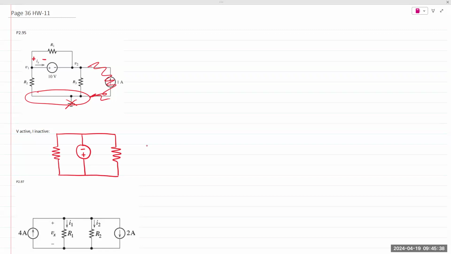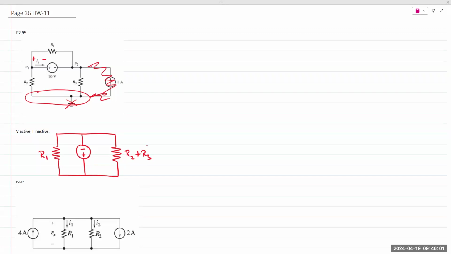I would just keep redrawing it in multiple ways. You keep redrawing it, but you keep track of each and every node. You keep track of each and every component. And that helped me. And I think several students in the past also told me that it helps. So you redraw the circuit as many times as you need until it starts making sense.